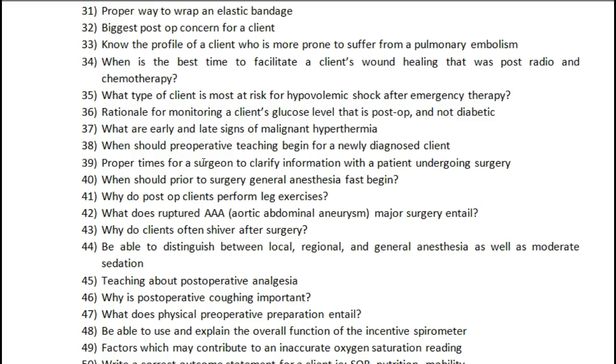Early and late stages of malignant hypothermia. That's a post-op condition. Malignant hypothermia is really, to tell you the truth, supposed to be kind of life-threatening. So let me tell y'all, the early signs of malignant hypothermia include high level CO2, tachypnea, and tachycardia, because everything is working.